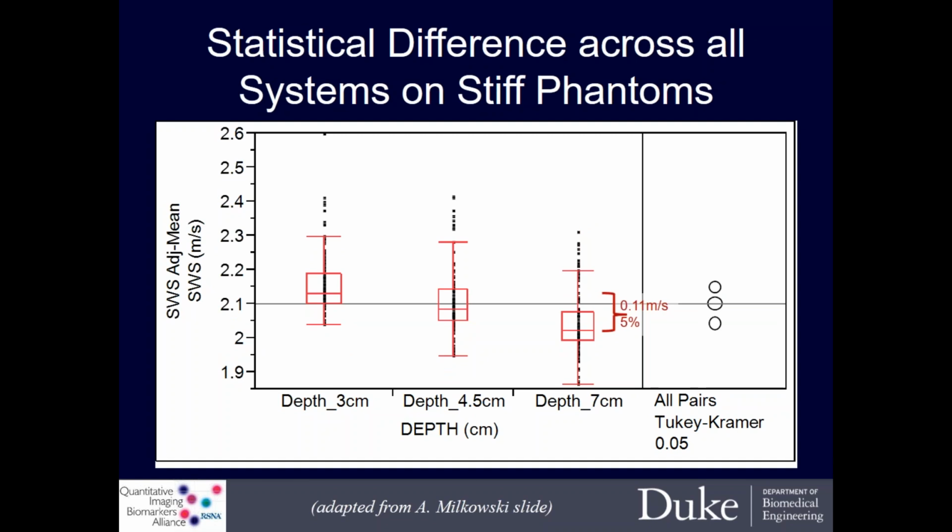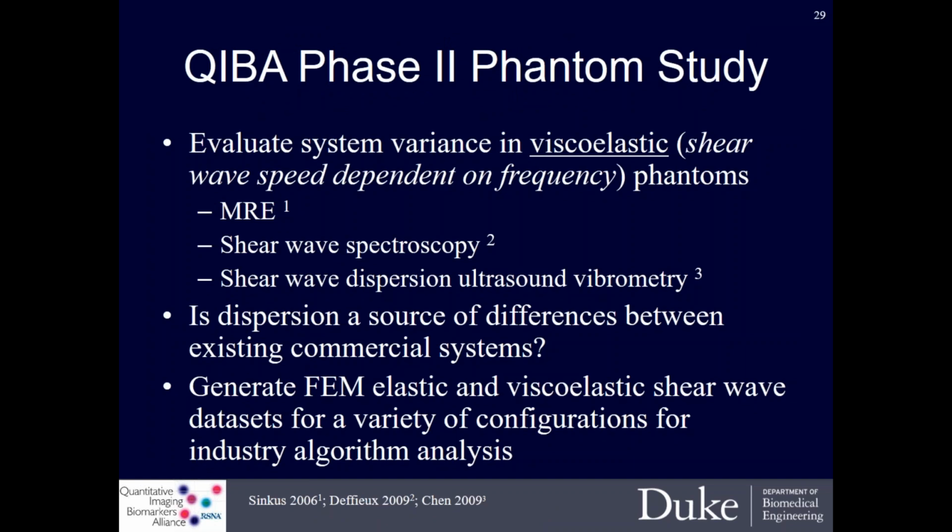It was actually a little bit more exaggerated in terms of percentage here. And the conclusion from the phase 1 study was that the focal depth bias that we were seeing was actually a bit confounded by the fact that we were doing phantom-based measurements.